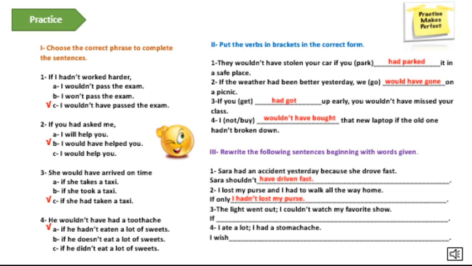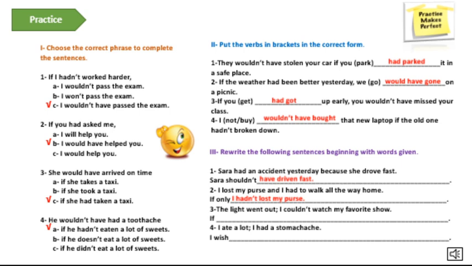Situation 3. The light went out yesterday, so I couldn't watch my favorite show. If. And here we have if, just if, which means the conditional type 3. So when we say if, we start with the cause, and the result is for the main clause, okay?